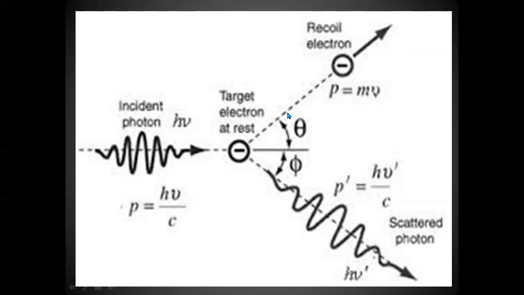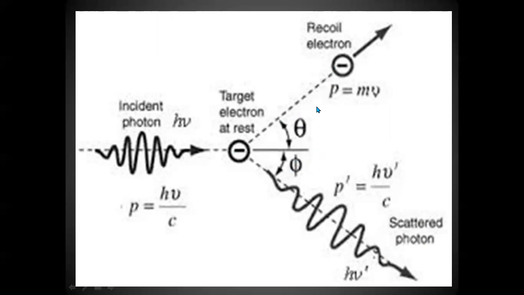Now, there are angles made by the electron as well as by the scattered photon from the normal or this line. The angle made by the electron is here theta, and the angle made by the scattered photon here we have taken as phi.